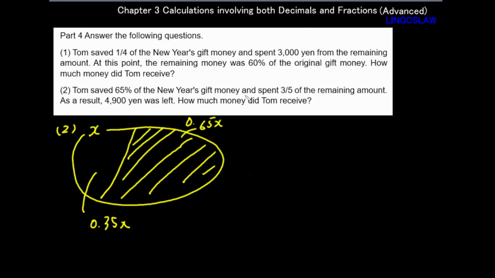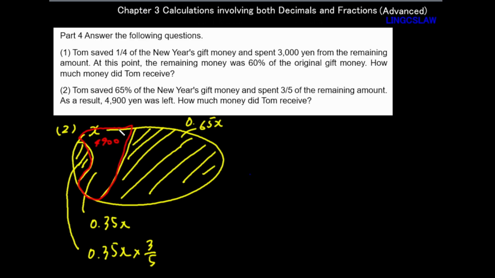And he spent 3/5 of the remaining amount. So the part he used is 0.35x times 3/5. As a result, 4,900 yen was left. So this part is 4,900.